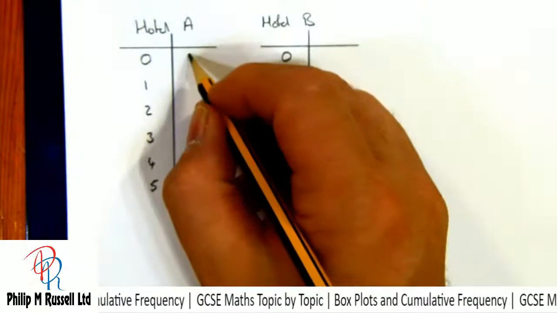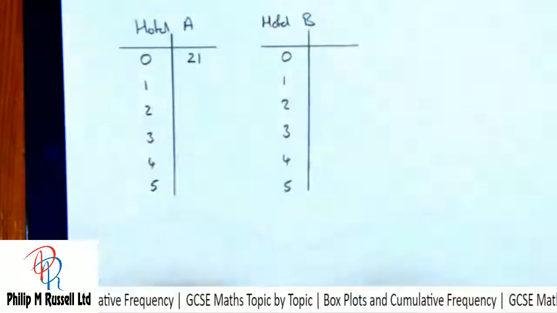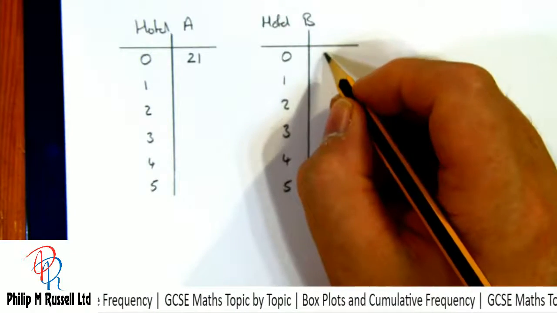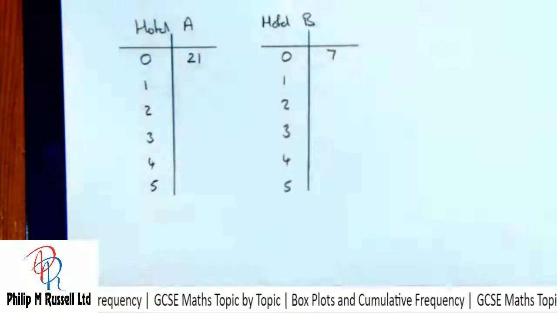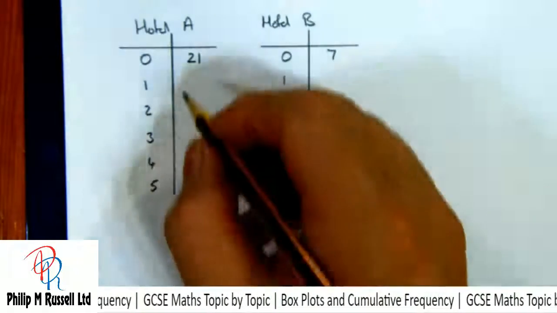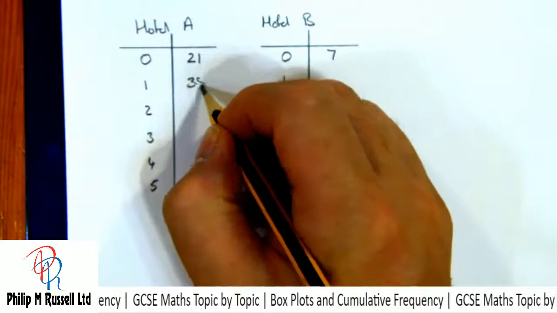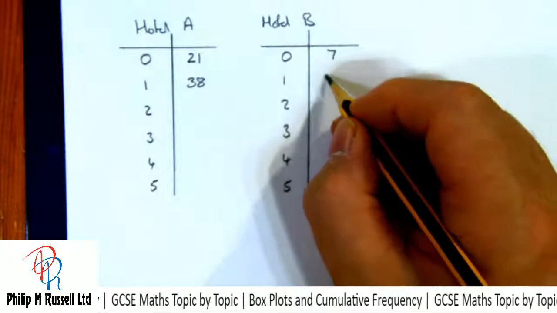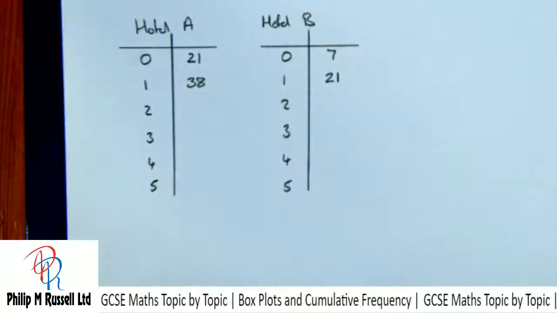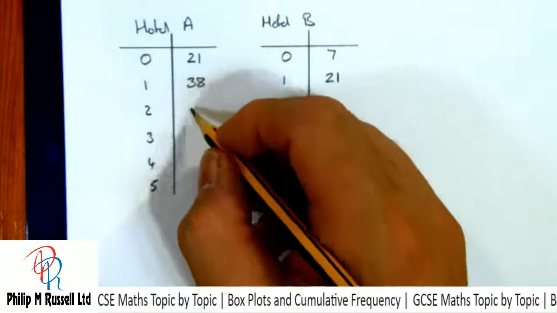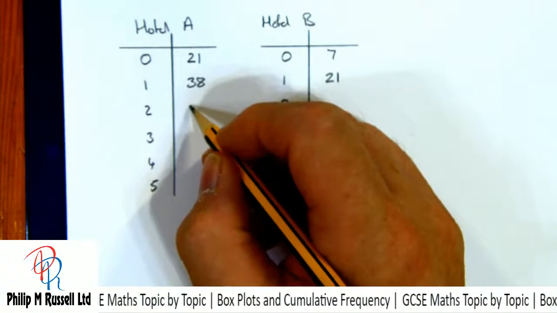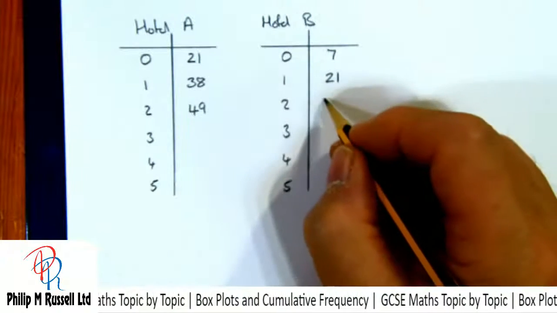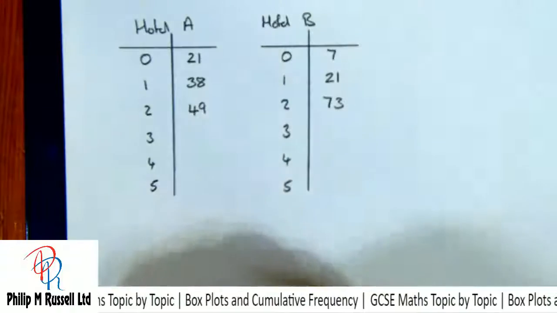So 21 people thought this hotel was awful, whereas only 7 thought that one. We'll have 38 people thought this one, and 21 gave that a 1. I don't know, what should we go for? 49, 73.